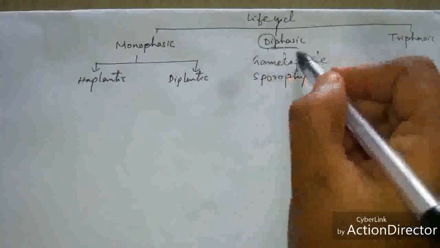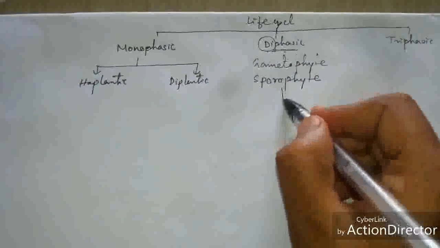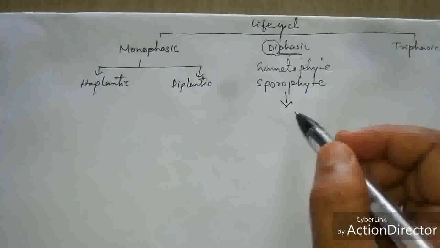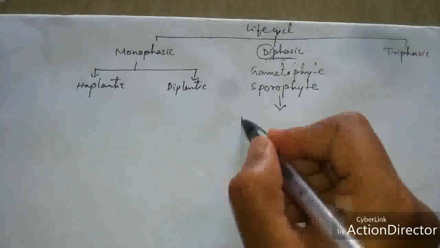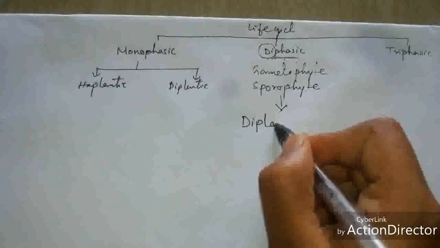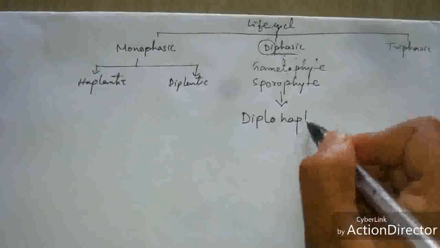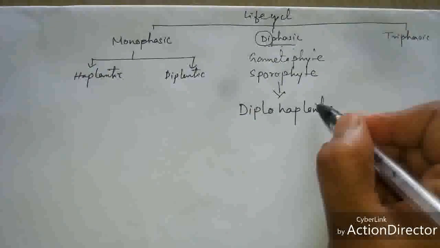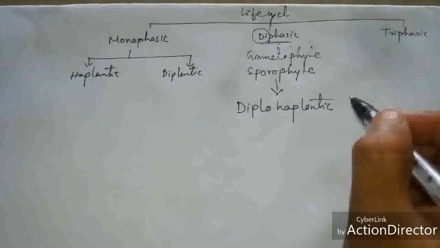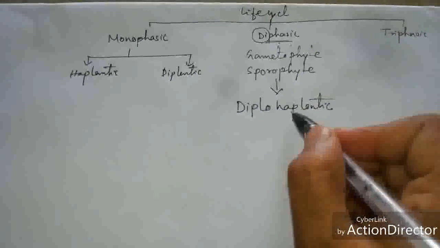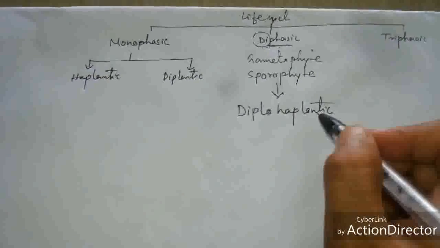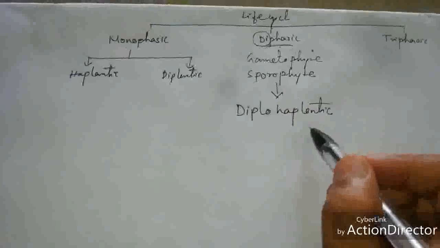This is called diphasic. In the diphasic life cycle, diplohaplontic phase is considered.